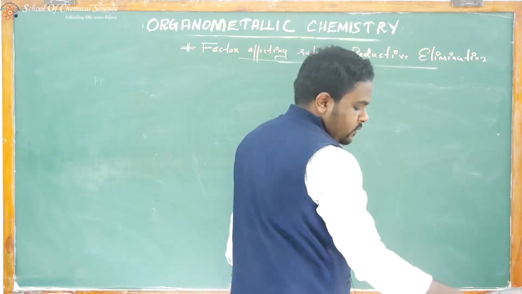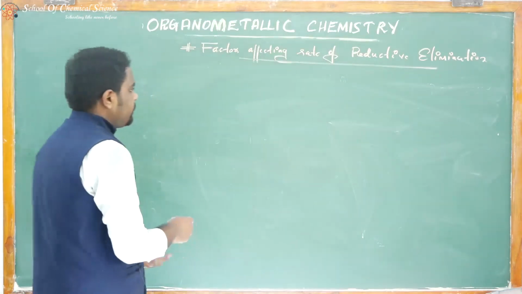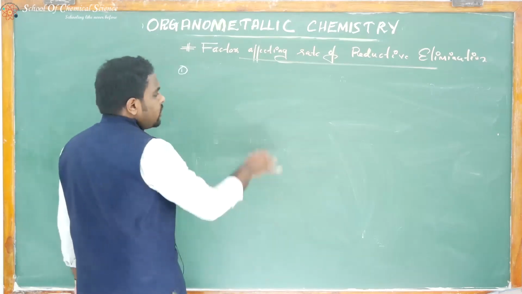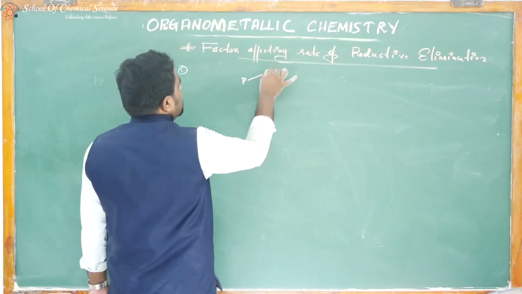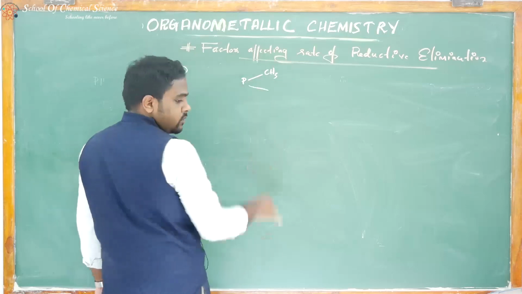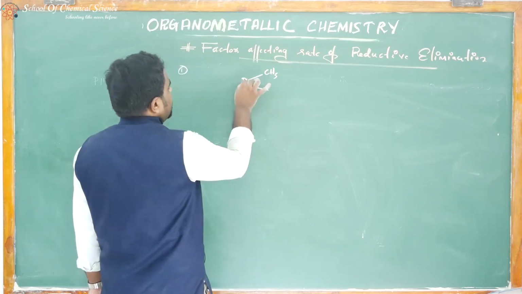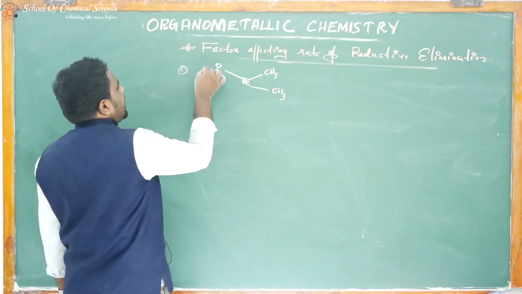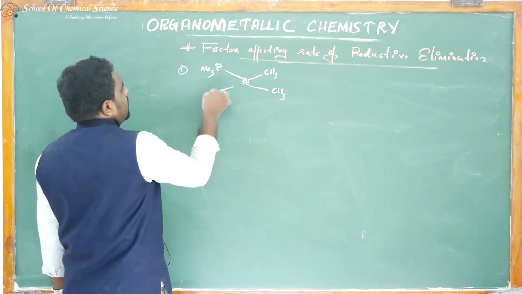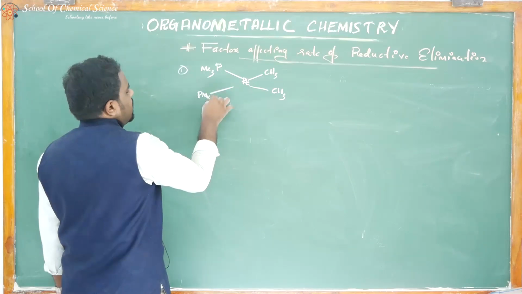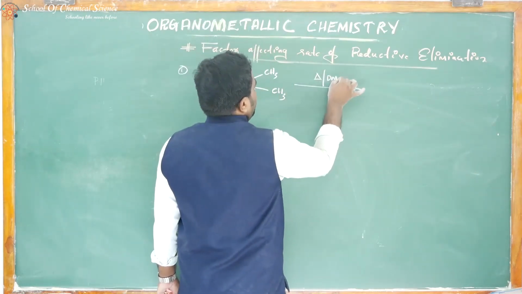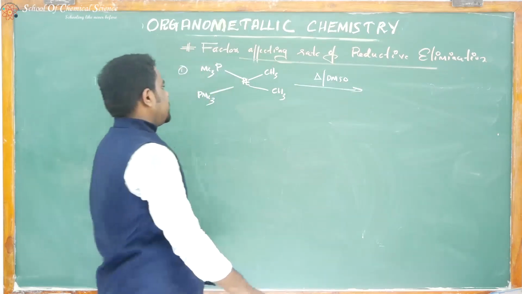Okay, first question: platinum, CH3, with a phosphine ligand, PMe3. Here PMe3, heating in the presence of a DMSO type solvent, you will get the product.